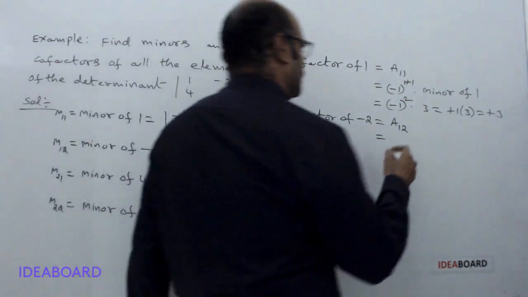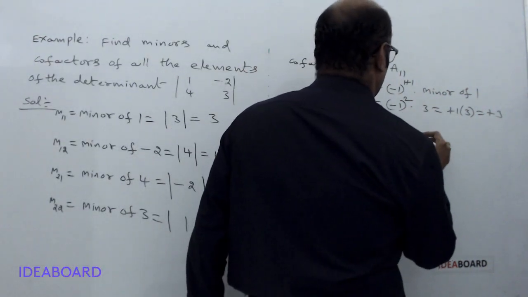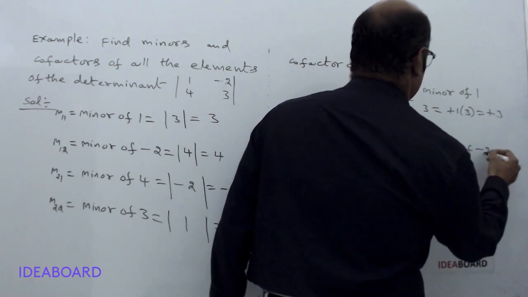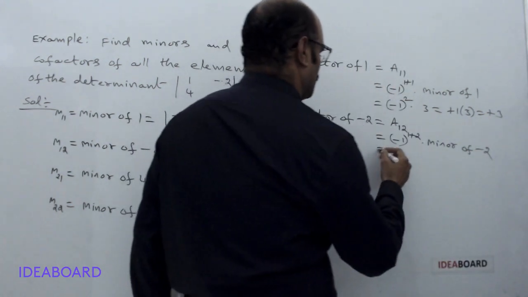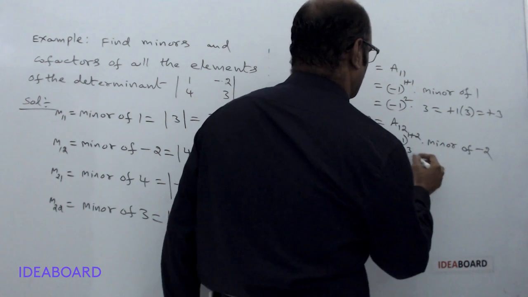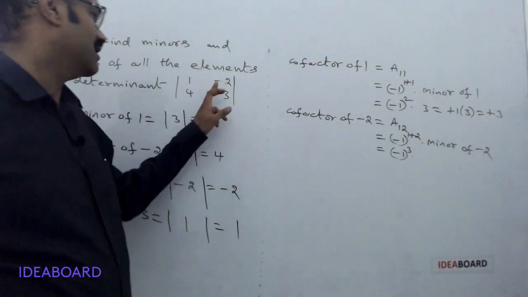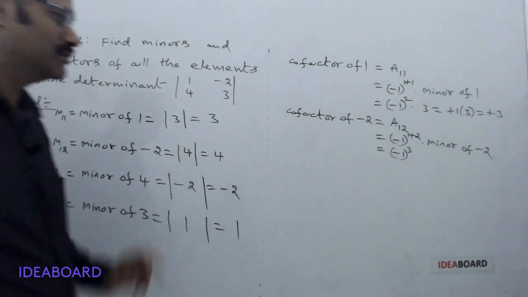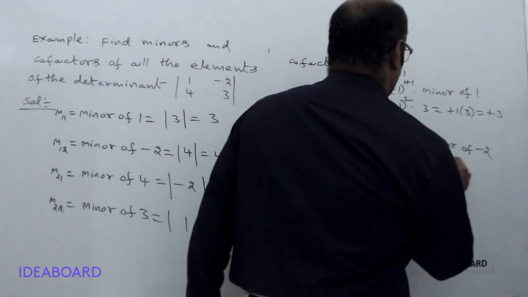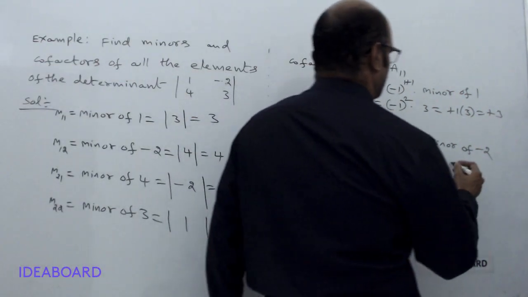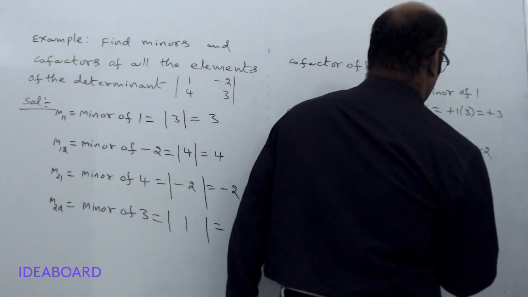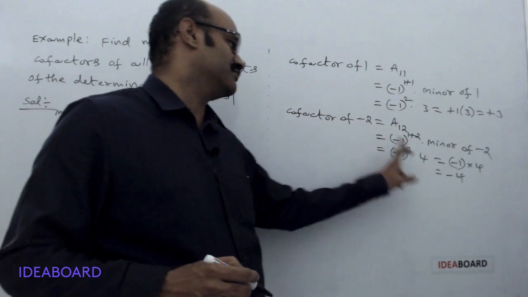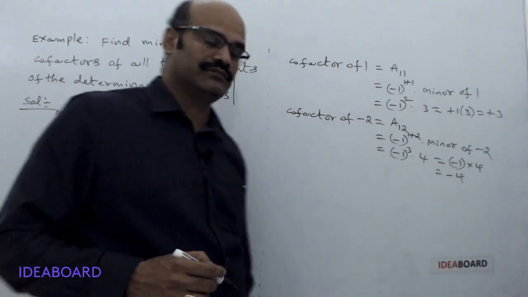Minus 1 whole power 1 plus 2 into minor of minus 2 equal to minus 1 whole power 3 into minor of minus 2 equal to, we have 4. So minus 1 whole power 3 means minus 1 into 4 equal to minus 4. Therefore, cofactor of minus 2 equal to minus 4.